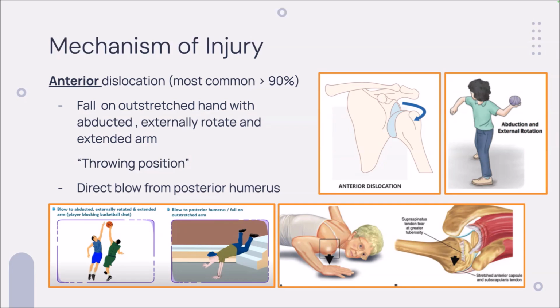The patient falls on an outstretched hand with the arm abducted, externally rotated and extended. We can call this the throwing position, as you can see in the picture on the right. Or the patient can have a direct blow from the posterior humerus to this position, and it can cause anterior dislocation. The humerus will come to the front.